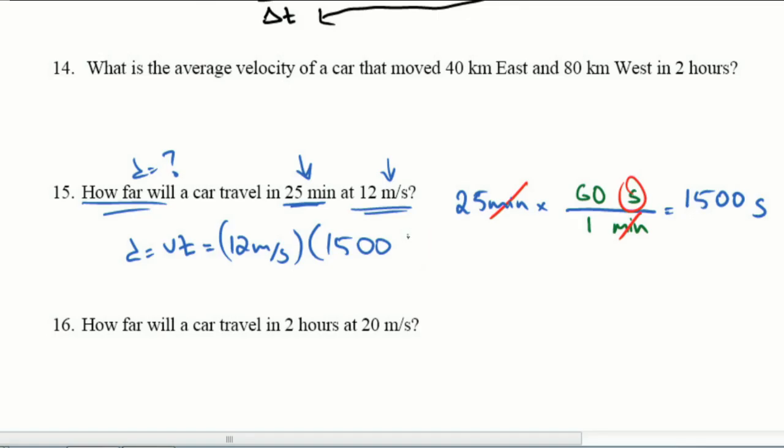My S's are looking like 5s this morning, and I'm confusing myself. 1,500 seconds. And I'm going to end up with 1,500 times 12, which is 18,000 meters.